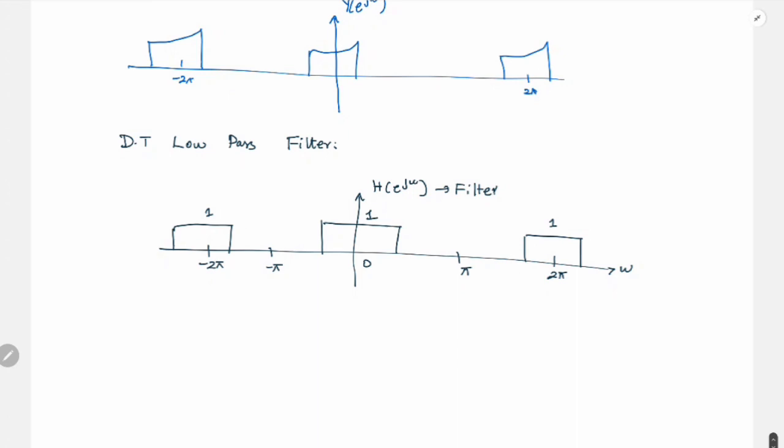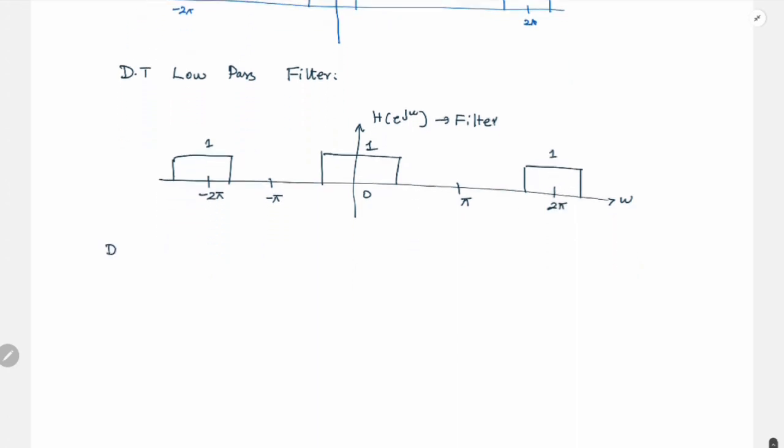All these are low frequency components. And if you want a high pass filter, all your high frequency components are going to be concentrated about minus pi. So why is this so?